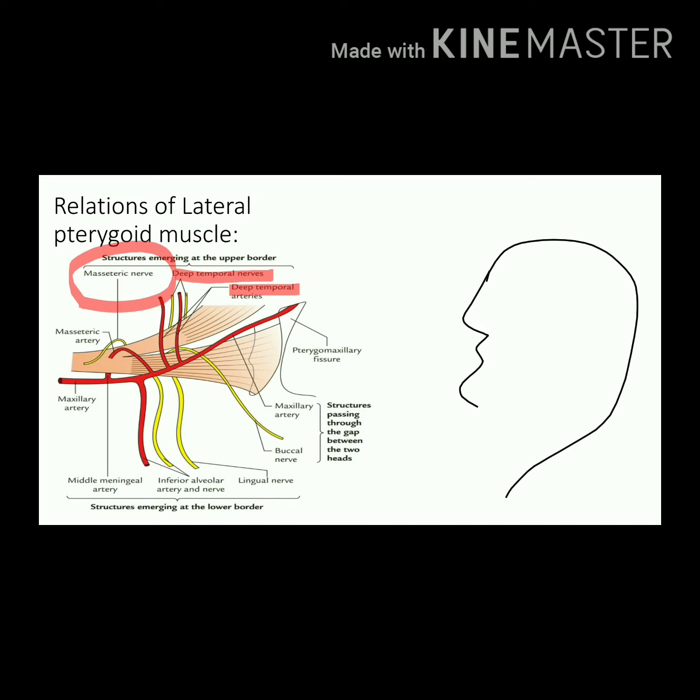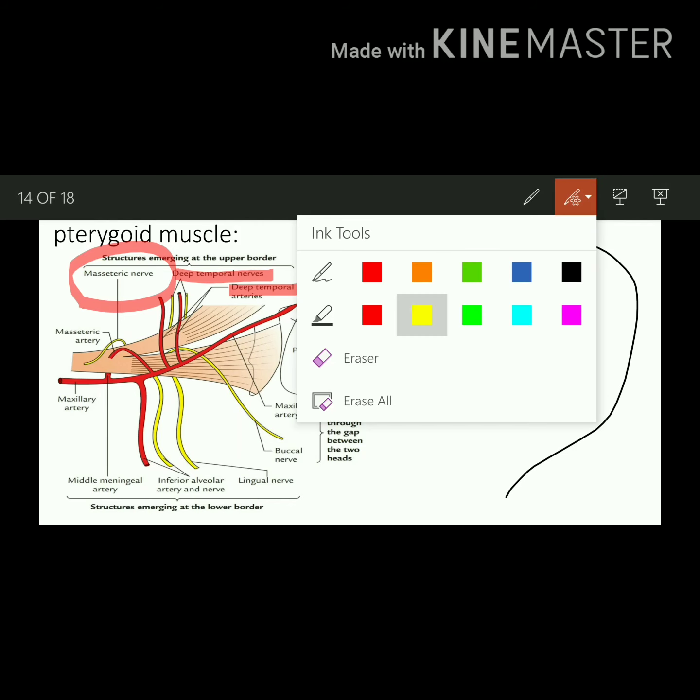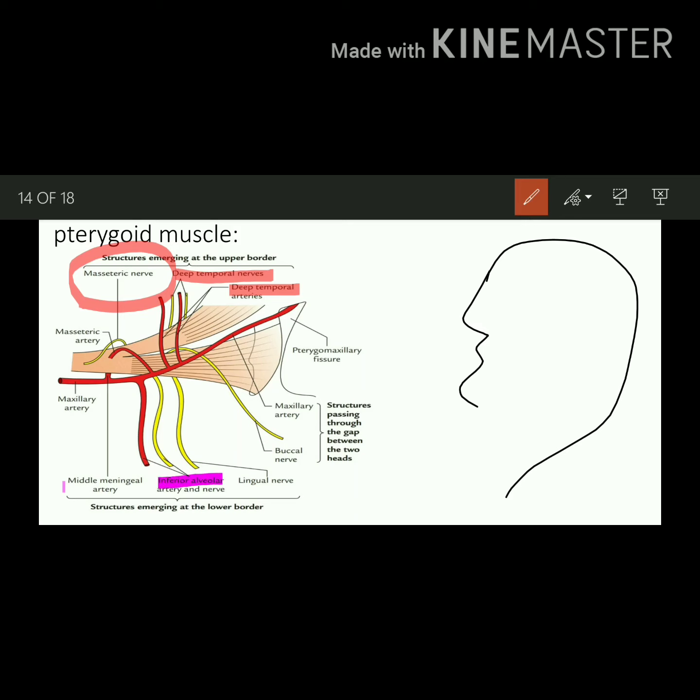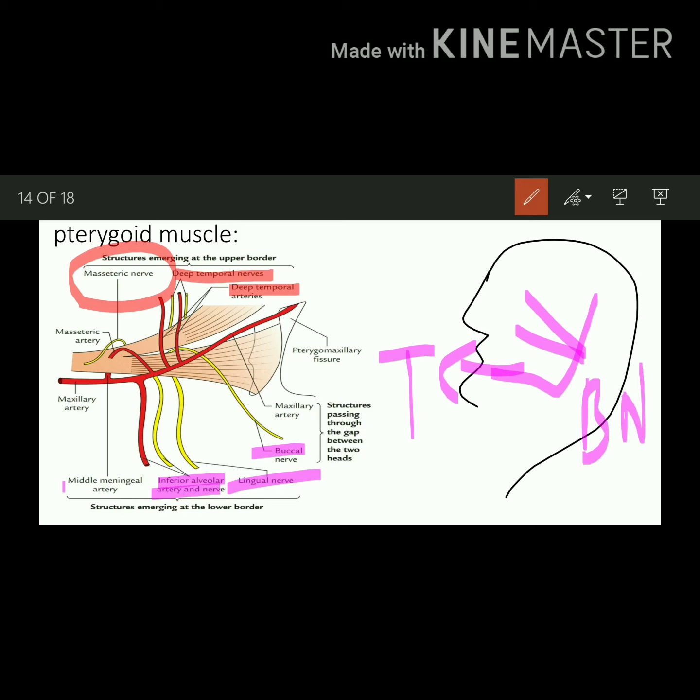The structures coming out at the inferior border are the inferior alveolar artery and nerve, the lingual nerve and the buccal nerve, because obviously we have an important structure called the tongue here. The lingual nerve has to go there, and the buccal nerve goes to the buccal cavity. The inferior alveolar artery has to supply all the alveolar process of the mandible and the structures in the oral cavity also.